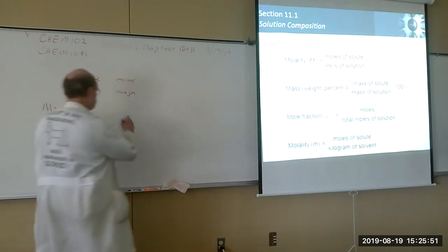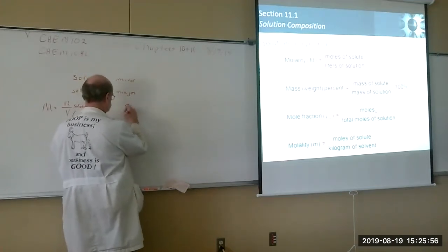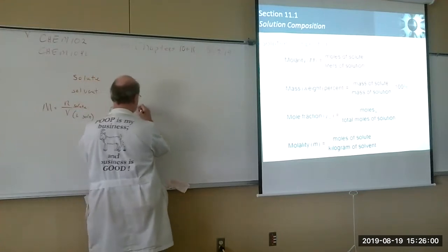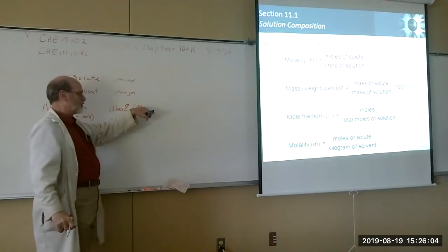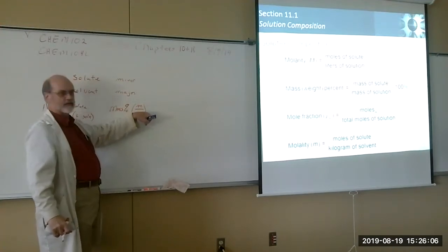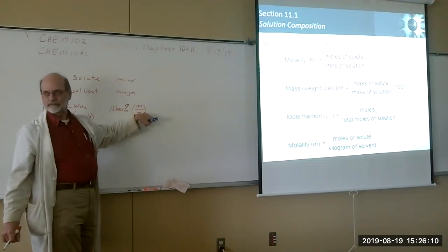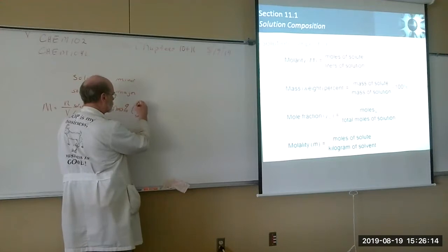So weight, mass percent. Well, it's understood to be mass of solute per mass of solution. So this is the mass of the solution. This is the mass of the solute.